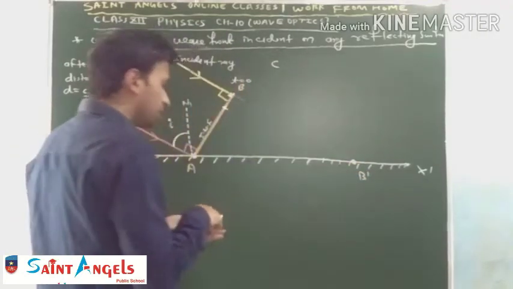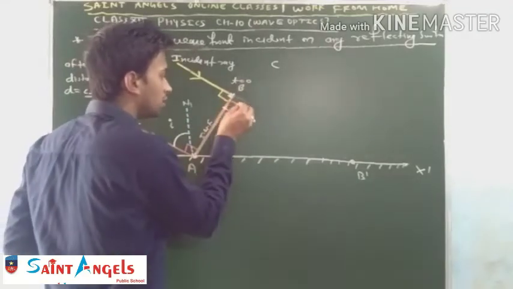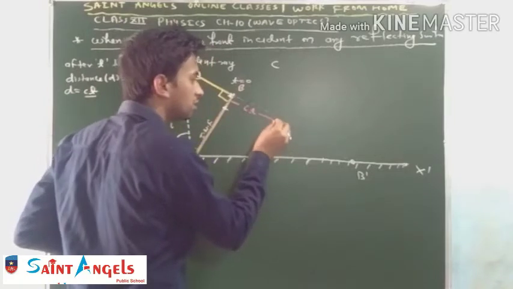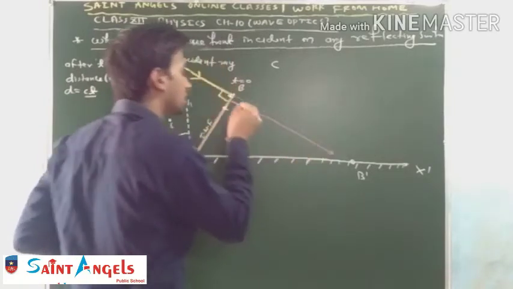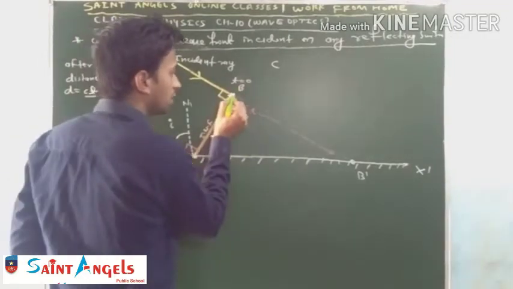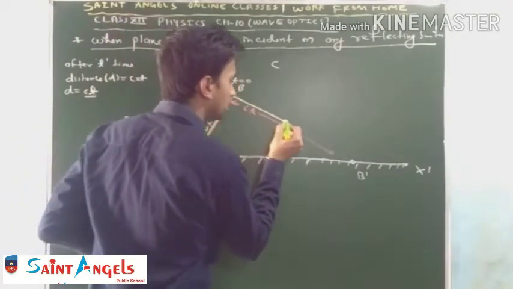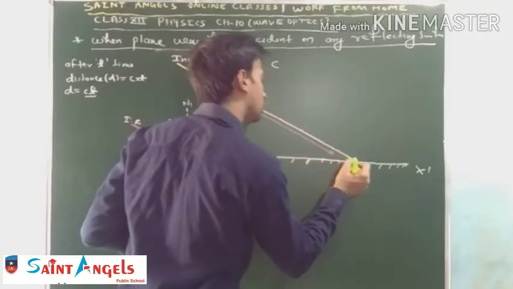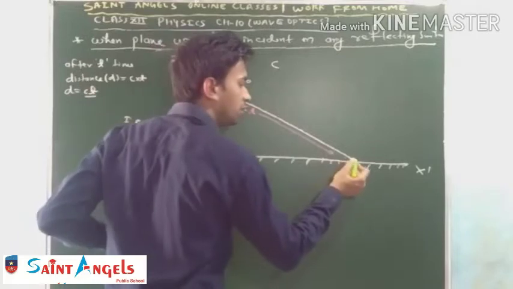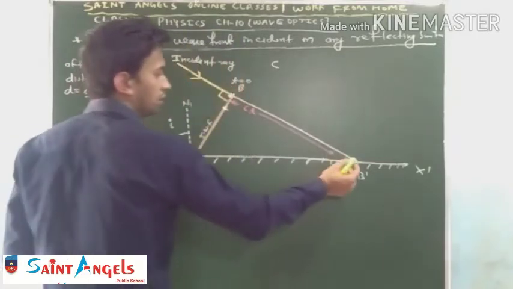and travels how much distance? The distance traveled in t seconds is ct. It means after t time this particle on the wavefront B reached point B dash.